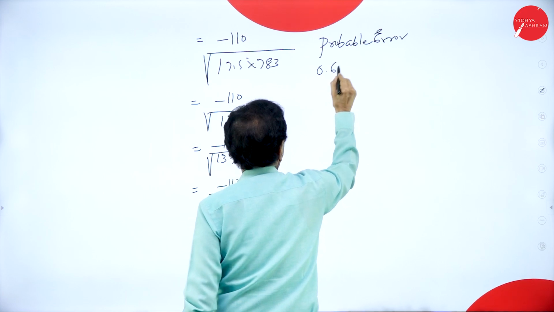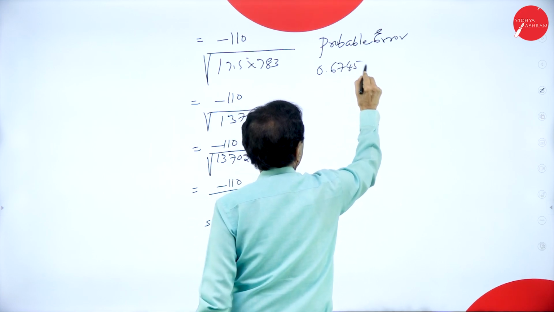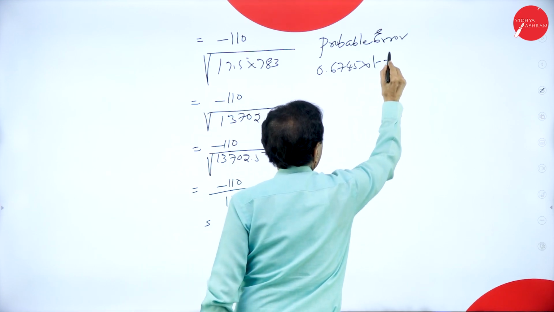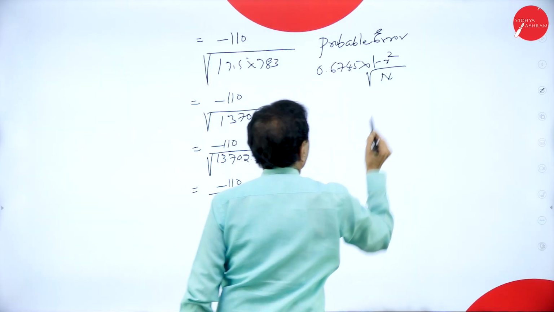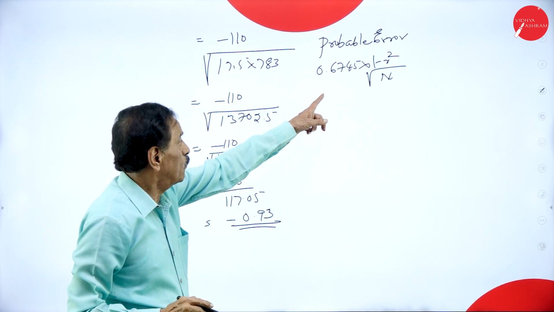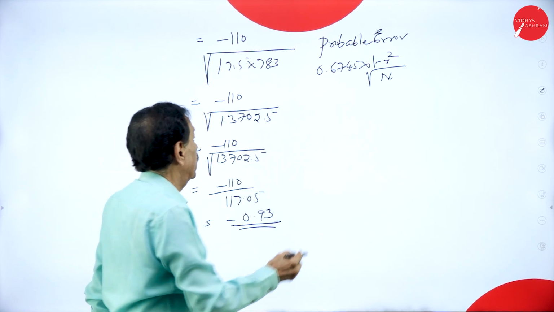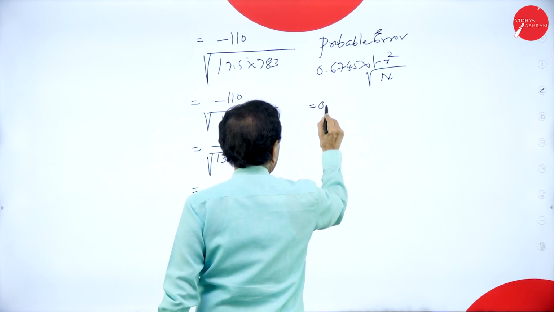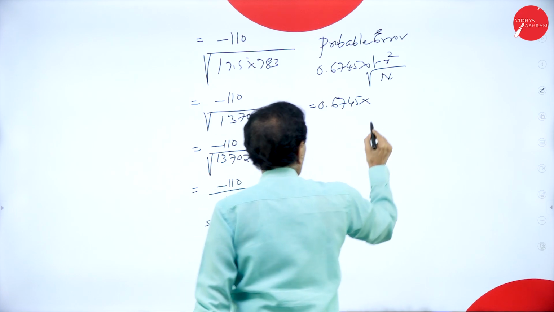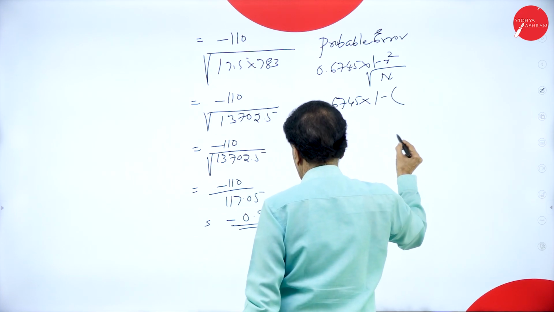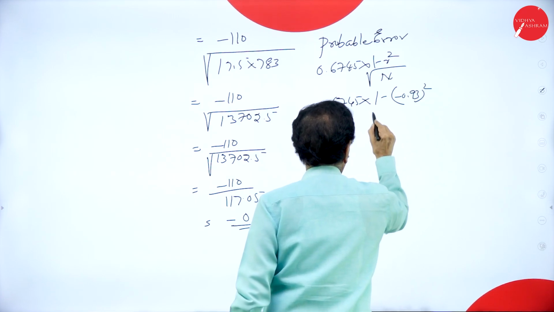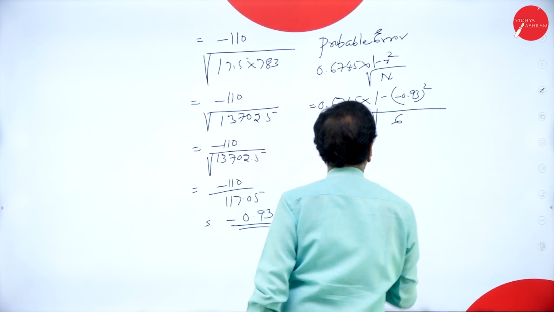Probable error is 0.6745 into 1 minus r square divided by root 10. What is 0.6745 into 1 minus r square divided by root 10? This is 0.6745 into 1 minus, in the bracket, minus 0.93 whole square, root of 6.